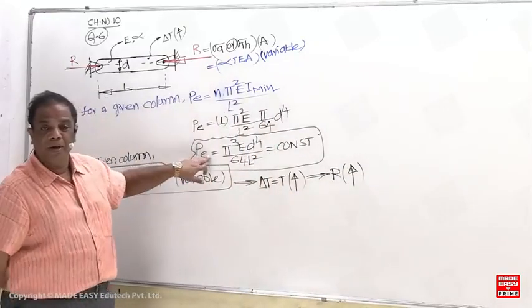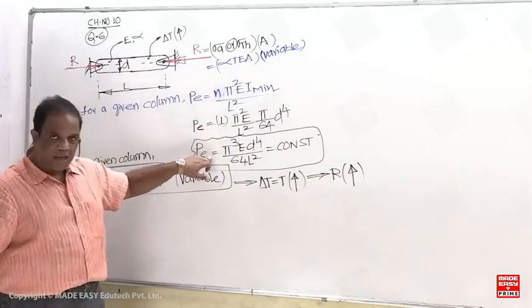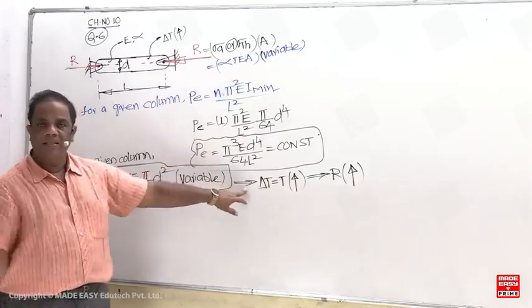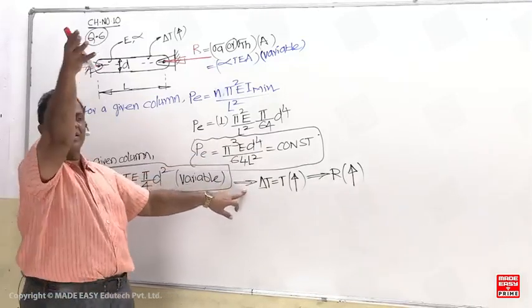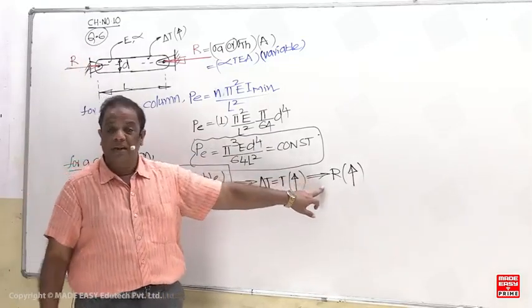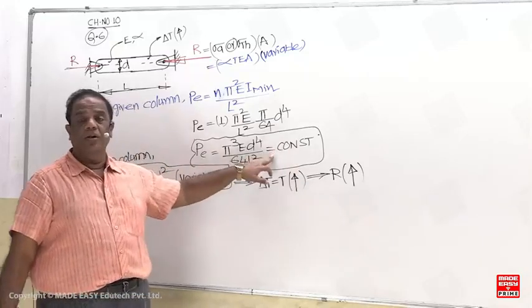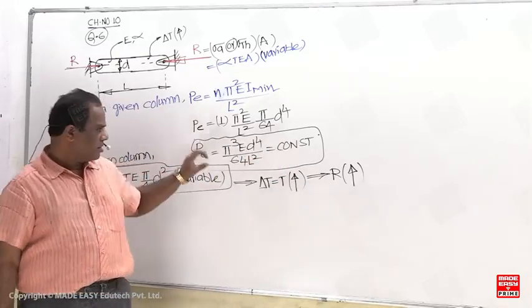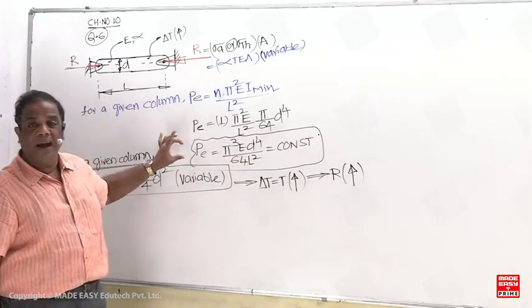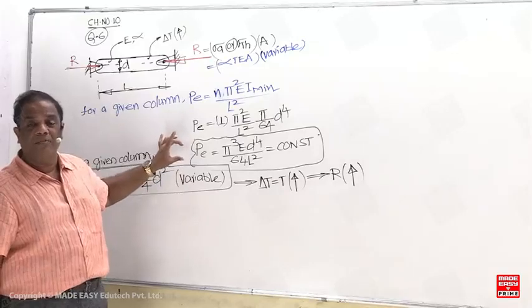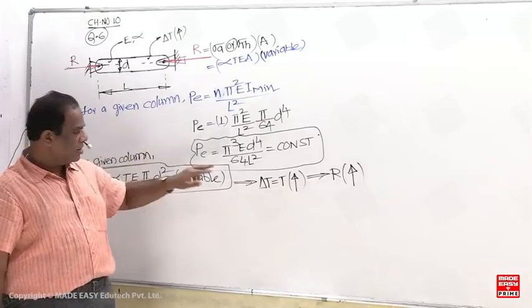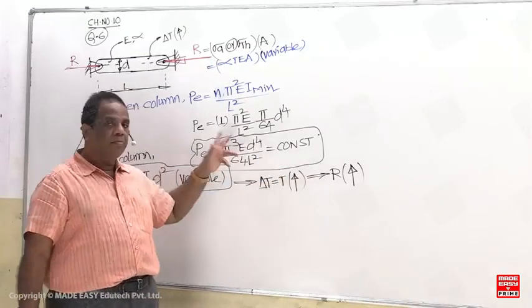Assume this value, for the time being, is 10 kilonewtons. This 10 kilonewton is a constant. But as the change in temperature increases, this R will increase. So whenever this R value is greater than 10 kilonewtons, buckling will occur. Many times I mentioned, buckling load is the maximum compressive load that a column can withstand without undergoing buckling. So whenever R is greater than this, buckling will occur.